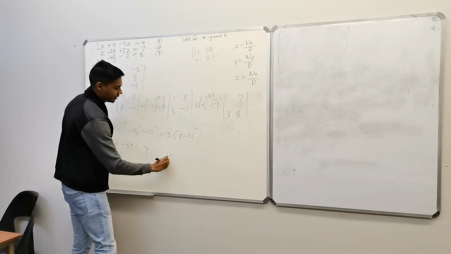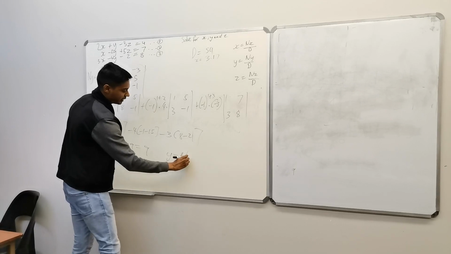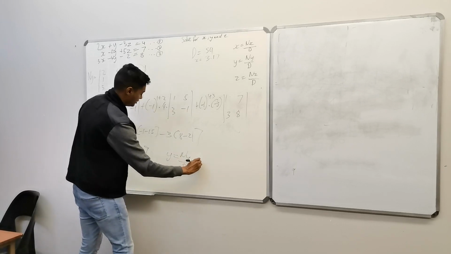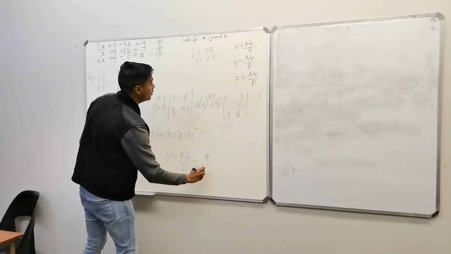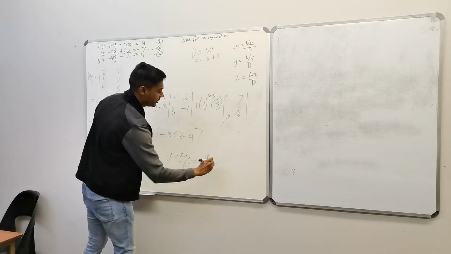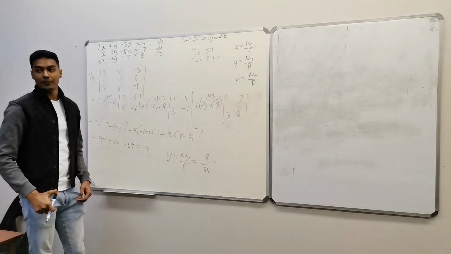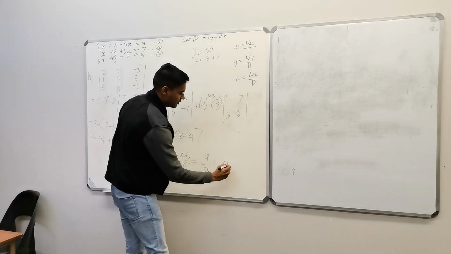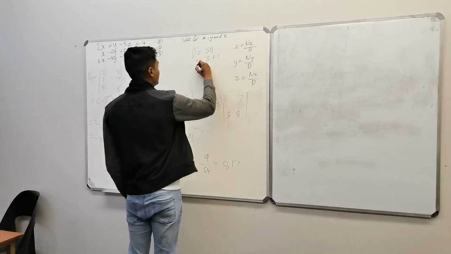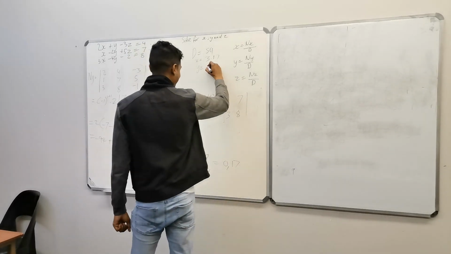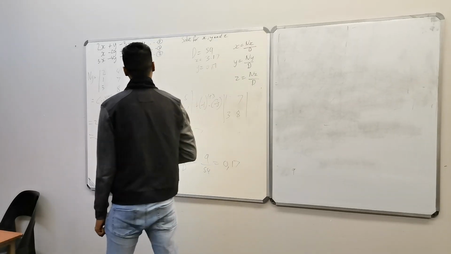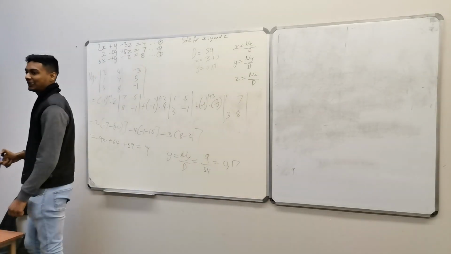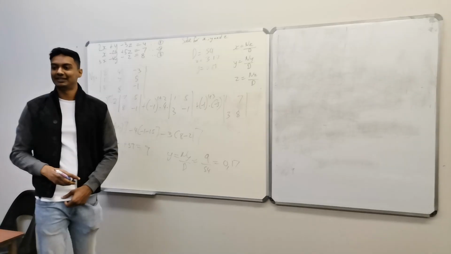Right, so let's get our final value of y. We got ny over d. We got 9 over 54. Give me a decimal there. 0.17. Okay, Nikki got that one right. This is the denominator, the delta.